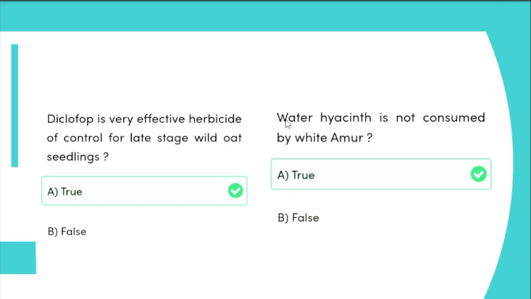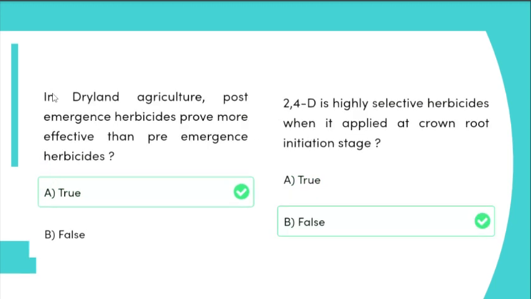Next question, diclofop is a very effective herbicide for control of late stage wild oat seedlings. So this statement is true. Next question, water hyacinth is not consumed by white amur. So this statement is true because white amur does not eat water hyacinth because of bitter taste and foul smell. Next question, in dryland agriculture, post-emergence herbicide proves more effective than pre-emergence herbicide.